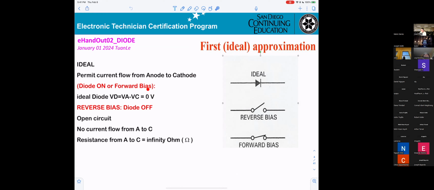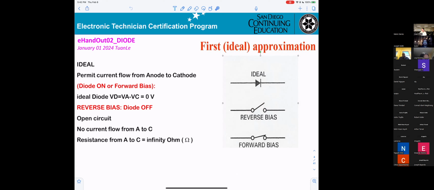Reverse bias means the diode is off. This is the display in here. If you say the diode is off, that means reverse bias, and it looks like an open circuit. Current cannot flow anywhere.